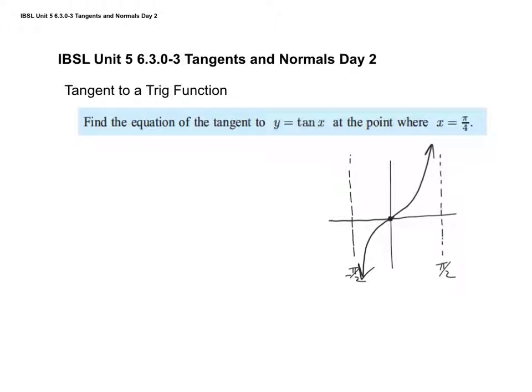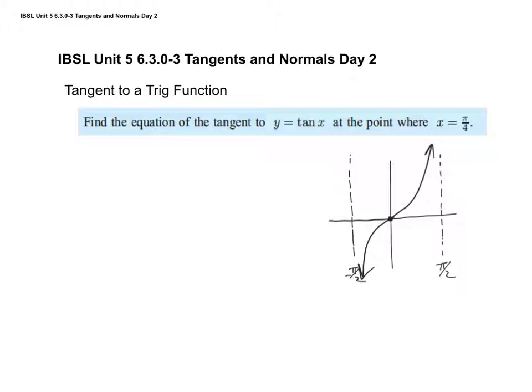If you count up another pi, because the period is pi, so at 3 pi over 2, at 5 pi over 2, at 7 pi over 2, there are asymptotes. And this thing here repeats. It kind of looks like a cubic, except it approaches an asymptote instead of continuing to go off forever.